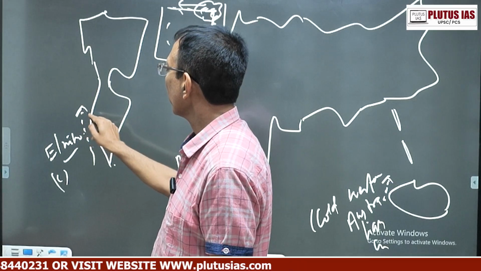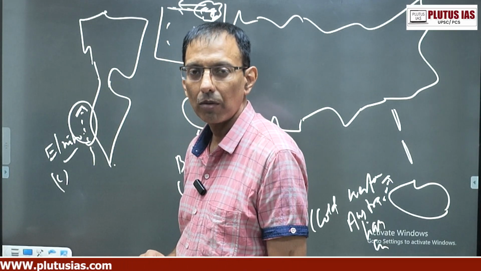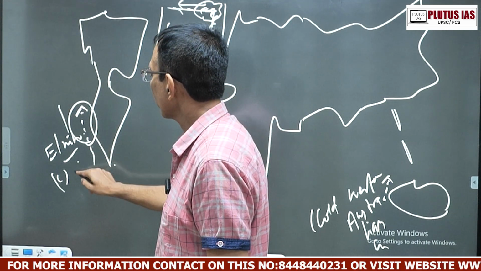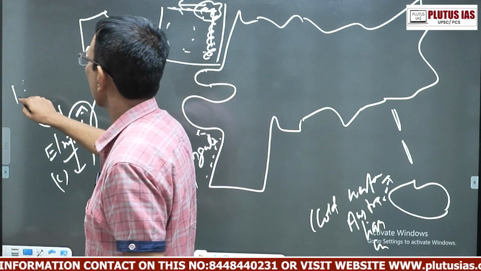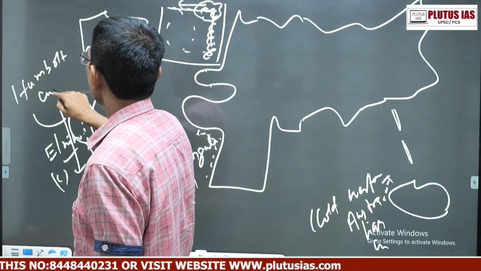Normally, in place of El Nino, like a warm current, there is the presence of the Humboldt current, right?